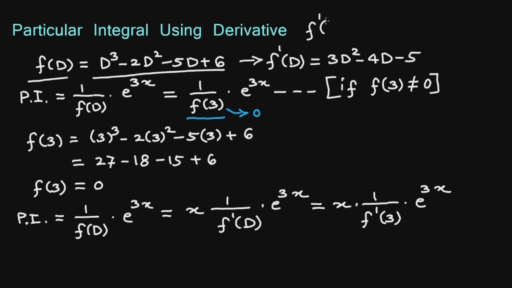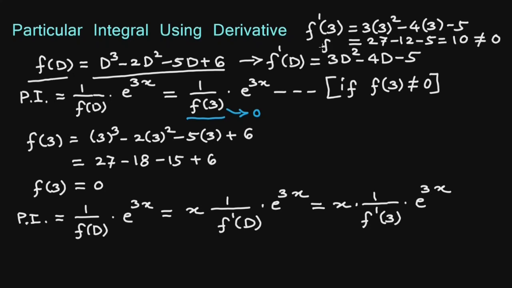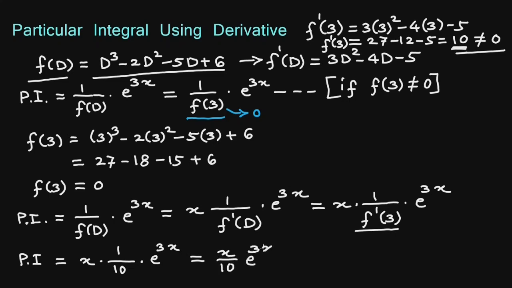So f dash (3) will be 3 into 3 squared minus 4 into 3 minus 5, which is 27 minus 12 minus 5, 10, which is not equal to 0. Since f dash (3) is 10 and not equal to 0, we have the final particular integral as x into 1 upon 10 into e raised to 3x, which is x upon 10 e raised to 3x, which is the same as we have found earlier.